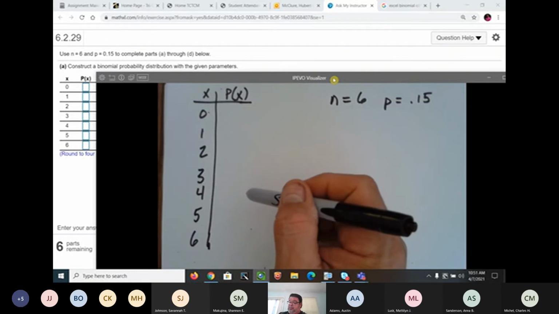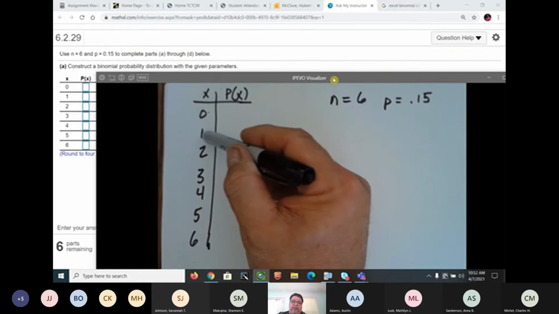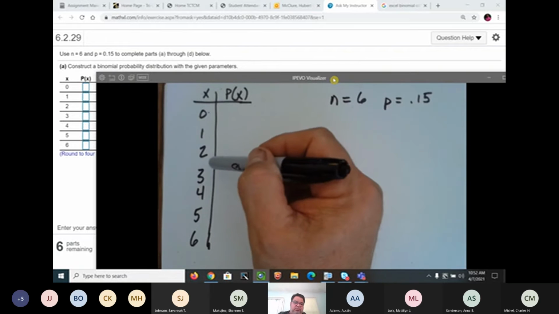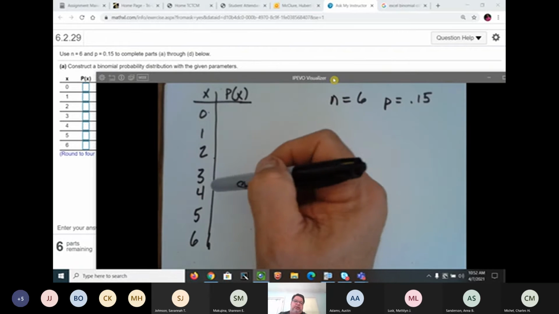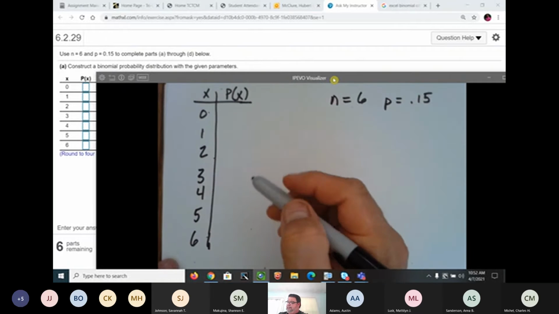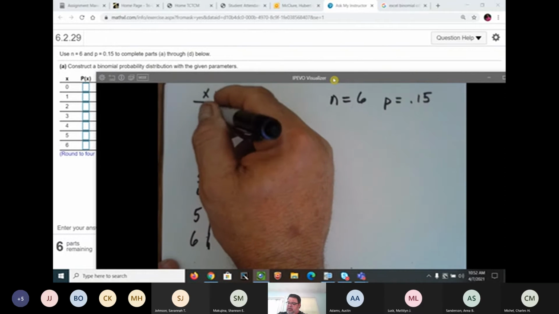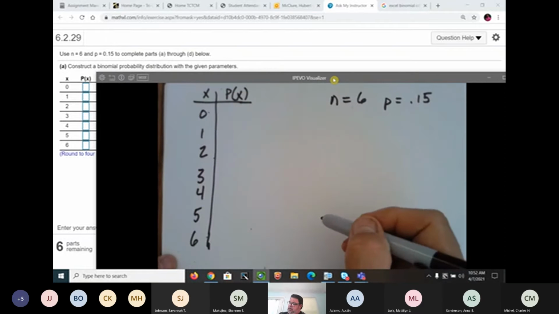How many hits does so-and-so have in a single game? What is the probability that he gets no hits? What is the probability that he gets 1 hit? What is the probability he gets 2 hits? All the way up to 6 hits. Okay, so you could think of it as a baseball player's hitting average or whatever.